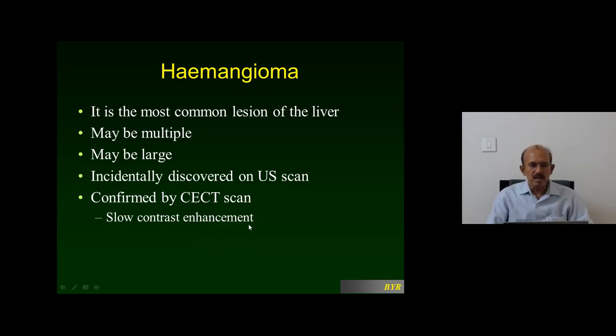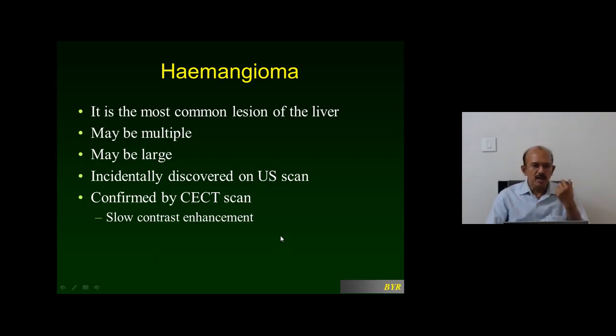Whenever there is contrast enhancement, that means it is a vascular lesion. In case of hepatoma, which is also vascular, it can also have contrast enhancement, but that enhancement is immediate. As you are giving the contrast itself, you will see enhancement in the hepatoma. But in hemangioma, it is seen slowly.